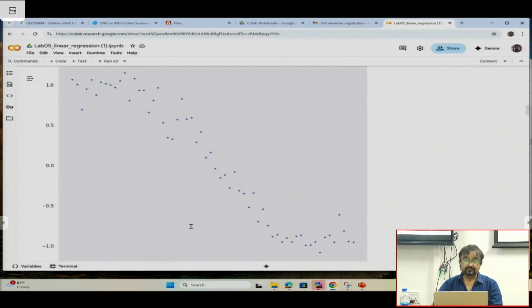This could be any order of polynomial you can try, but you don't know what exactly is the right polynomial. So we'll try many of these: straight line, then a quadratic, a cubic, quartic, and so on, up to say order 15.